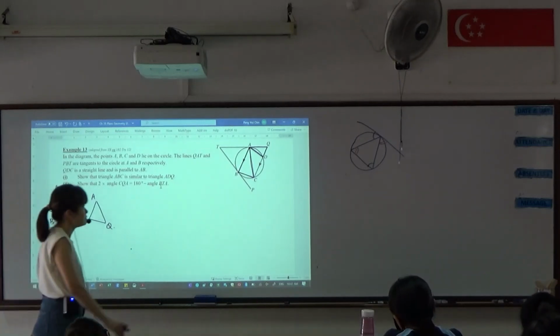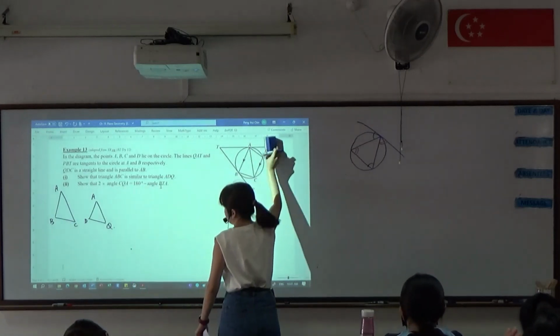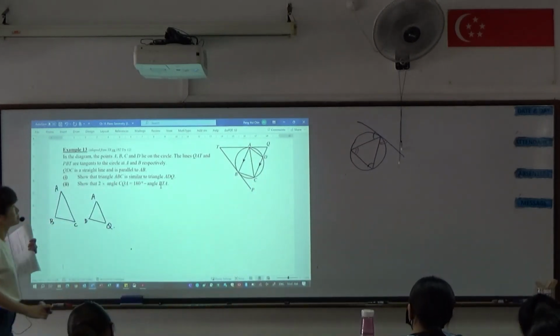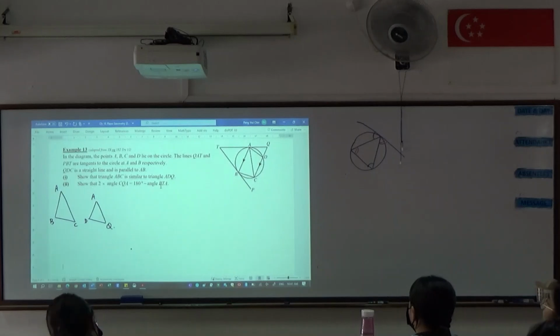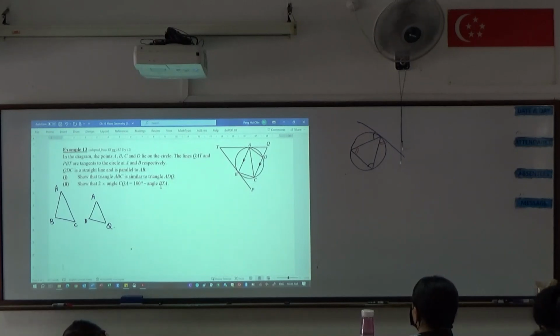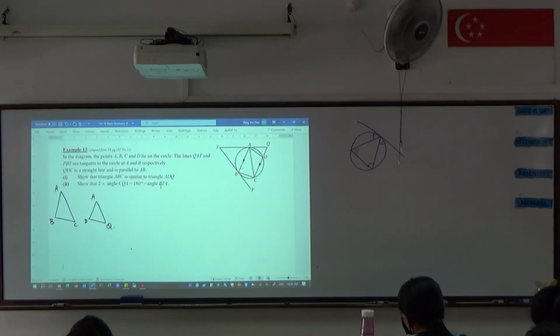Just for a cleaner diagram. So how are we to determine that they are going to be similar? Because there is actually no common angle.